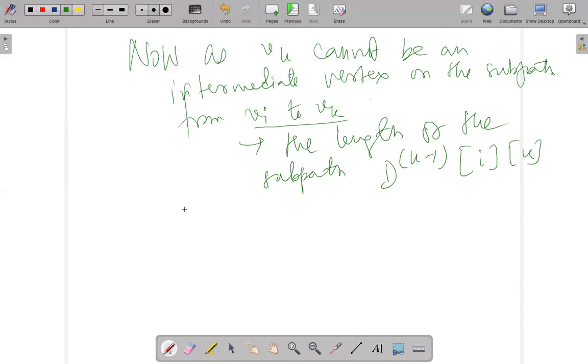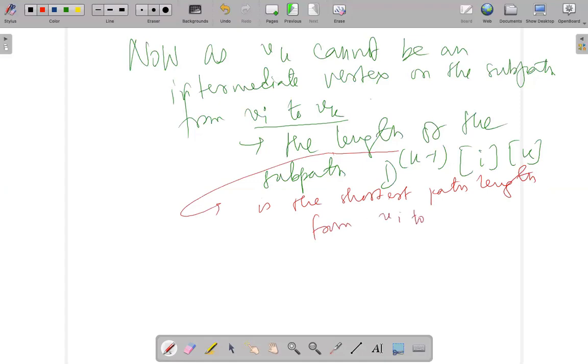Okay, now let us say this length is the shortest path from Vi to Vk. Now question is why?